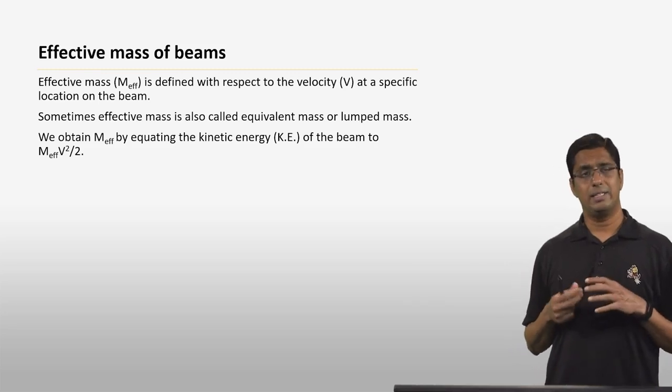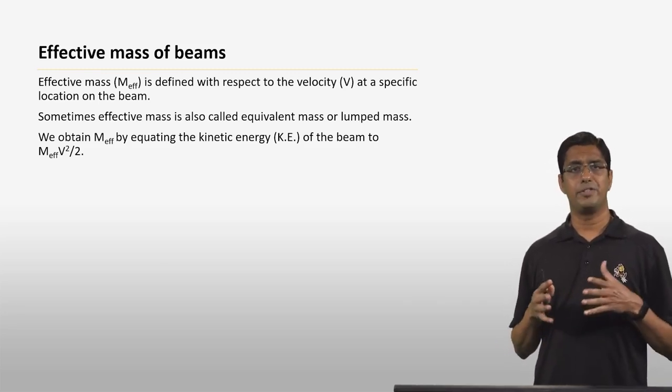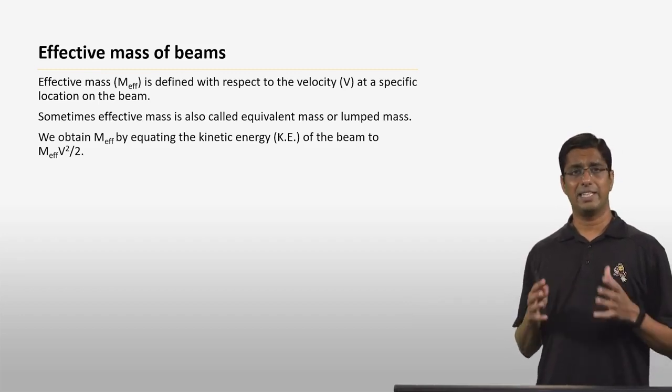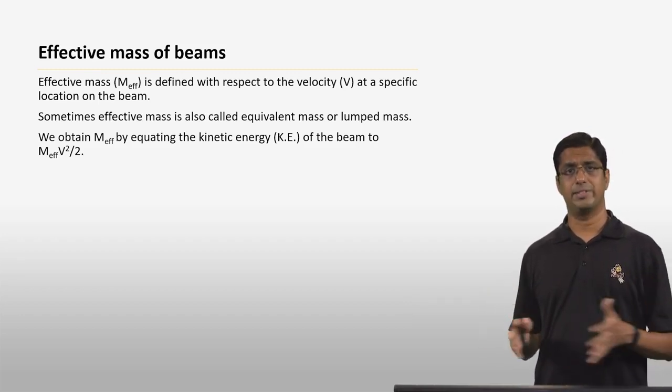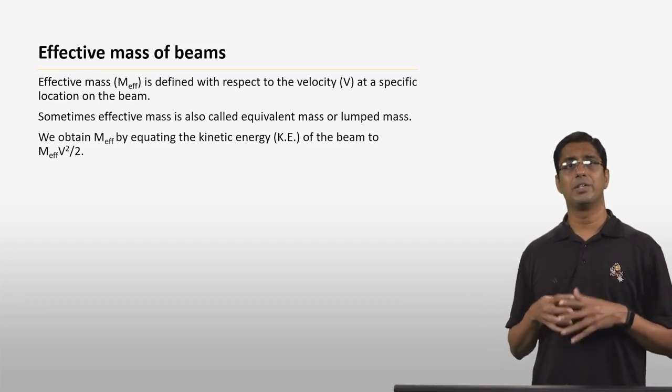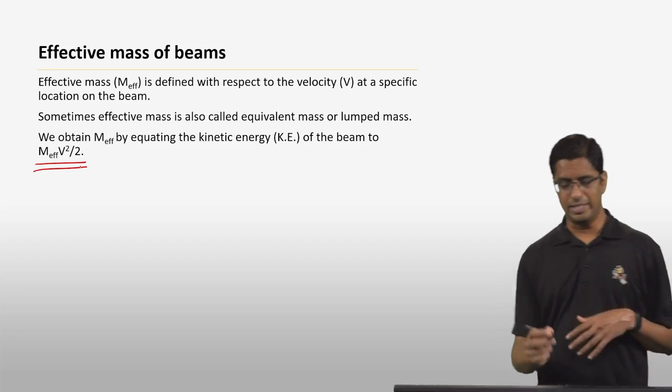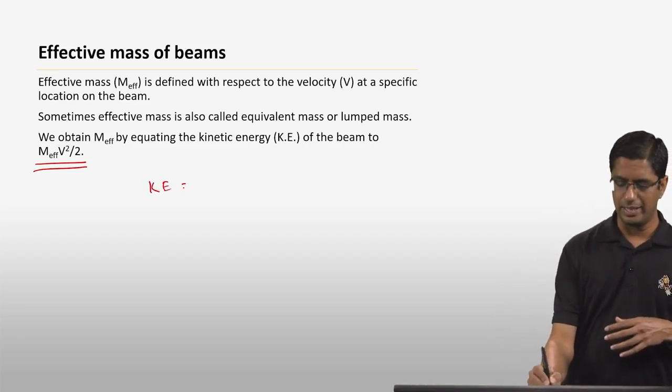Okay? And the basic idea by which we obtain this effective mass is equating the kinetic energy of the total structure, a beam in this case, to m effective v squared by 2. If you think about it, kinetic energy is usually given by half m v squared, right?